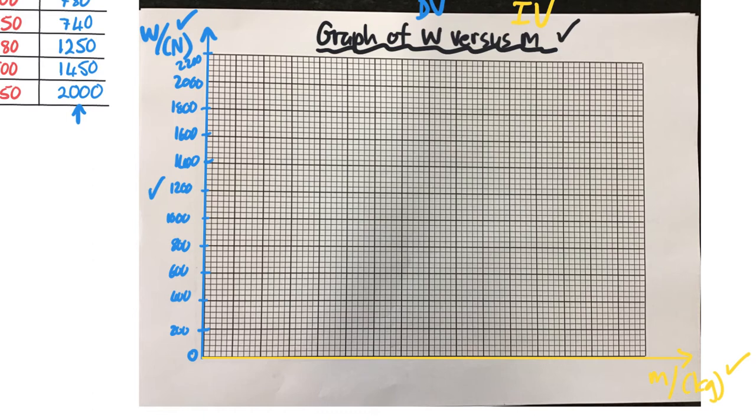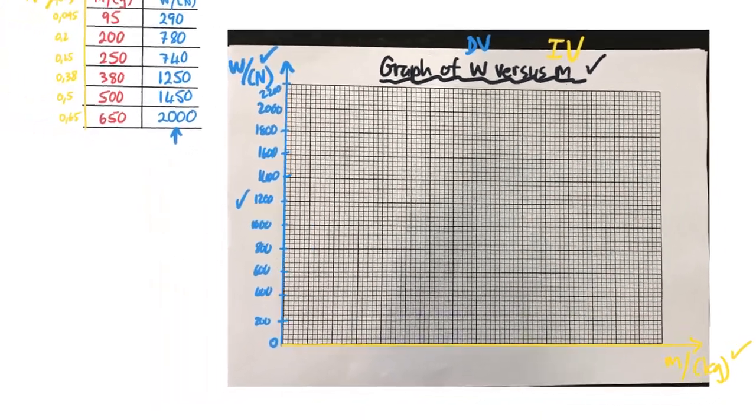But to keep it simple, that 1 block represents a large amount of mass. So if we count here, 1, 2, 3, 4, 5, 6, 7, 8, 9, 10, 11, 12, 13, 14, 15, 16, you can see that we can actually fit the 0.65 easily.